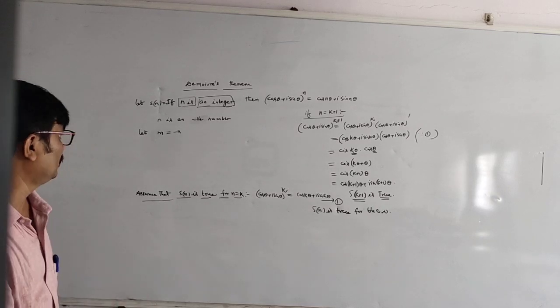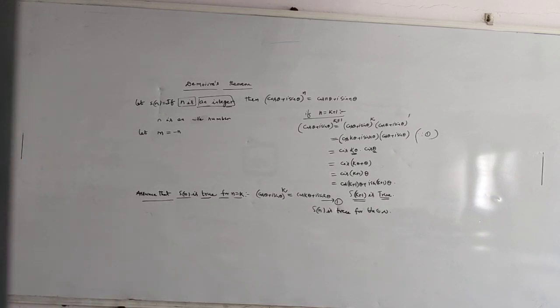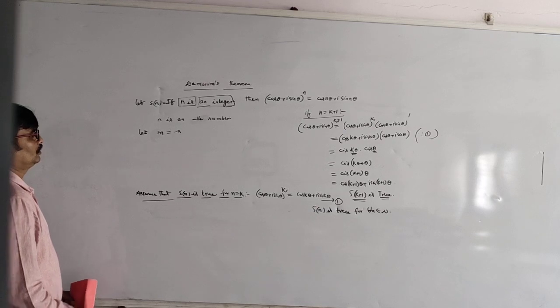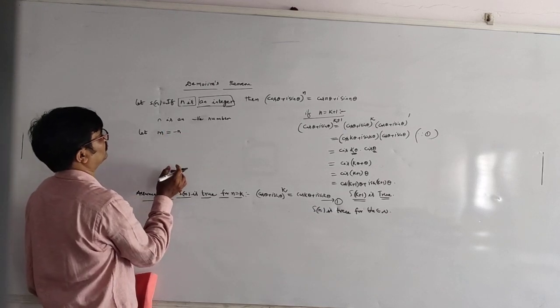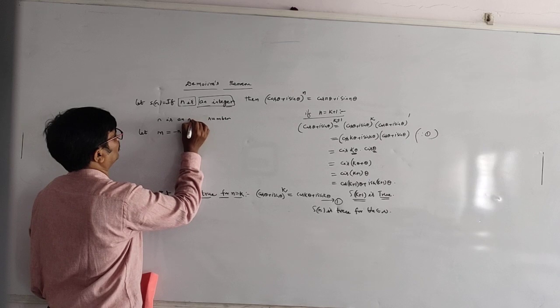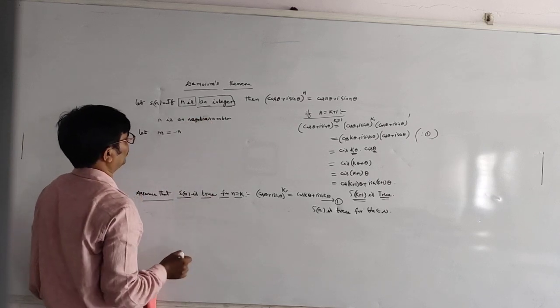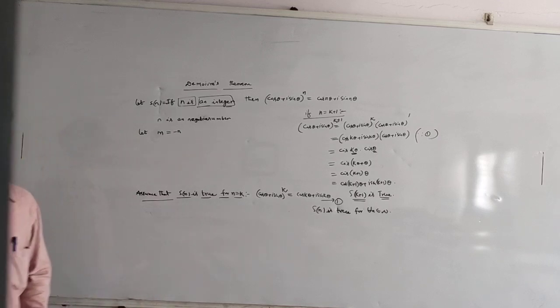What is it, students? When we are taking n as a negative number, undoubtedly, dear students, m equal to minus n is positive. This m is positive. Do you understand, students? n is a negative number, undoubtedly m equal to minus n is a positive number.